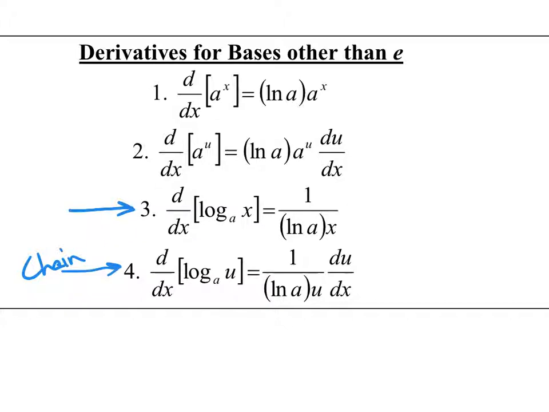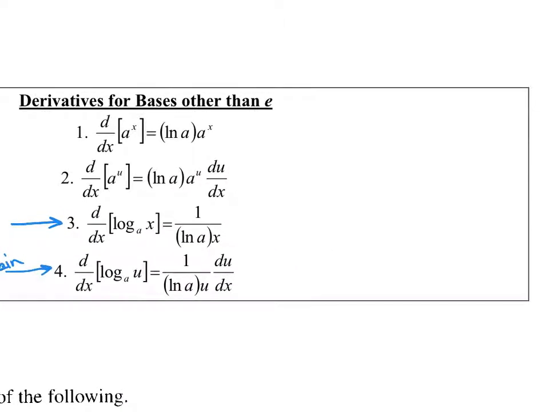Now, these two rules we haven't looked at yet. So I want to go back to the definition of what a to the x actually is. What did we say earlier that a to the x actually equals?